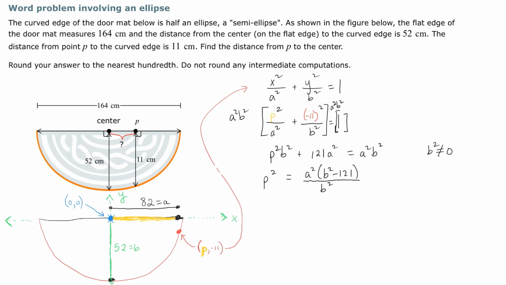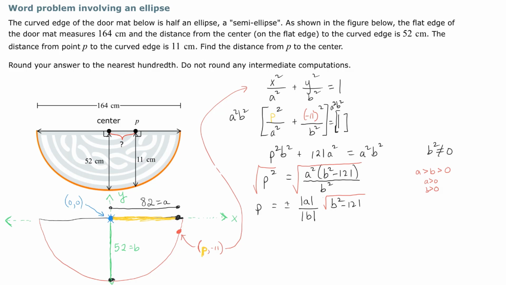I'm going to take the square root of both sides. And you got to remember that a is greater than b and greater than 0. The key is that they're both greater than 0. They're both positive. Why is that really important? We get p is now equal to plus or minus the absolute value of a over the absolute value of b times the square root of b squared minus 121.